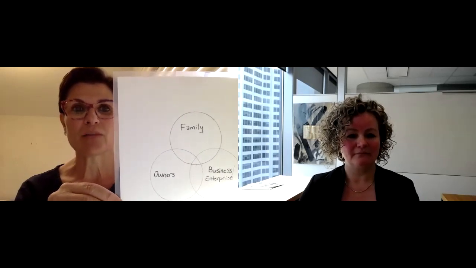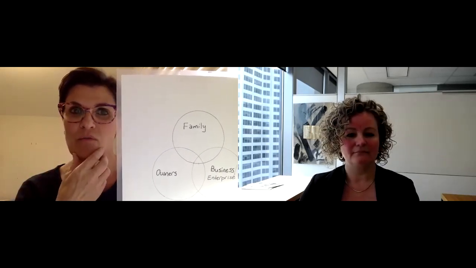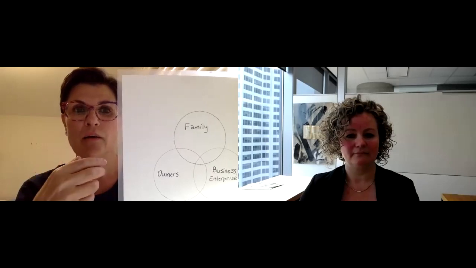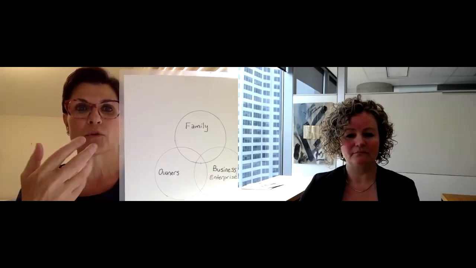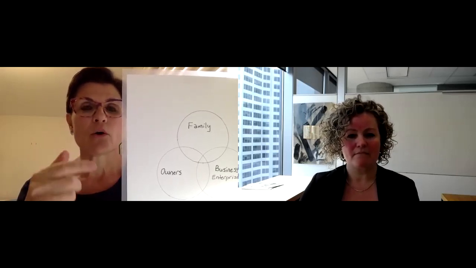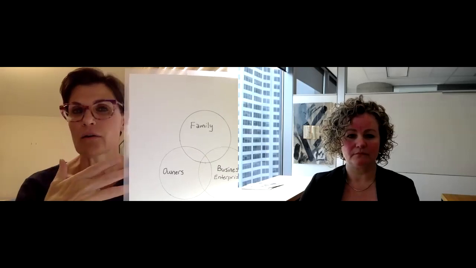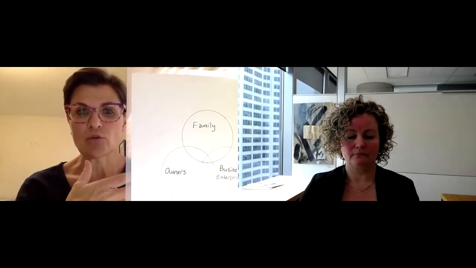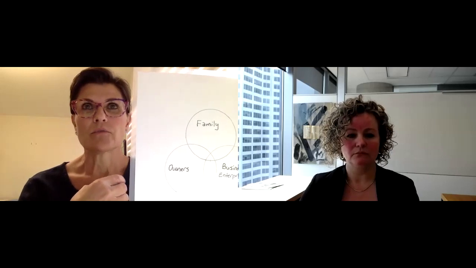It's a very elegant model, but if you can visualize this Venn diagram where you have three real components. There's the family circle, there's the owner circle, and then there's either the business circle or, as you've mentioned, the enterprise circle. Just to revisit the enterprise piece, sometimes families actually have a family business, which can be an active operating business, or sometimes it's a holding company that holds a bunch of investment assets, for example.